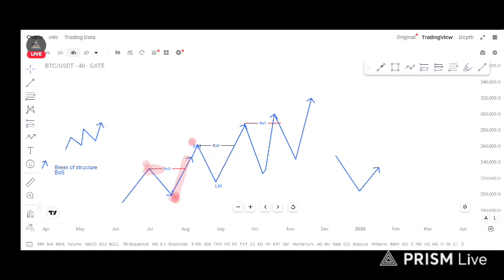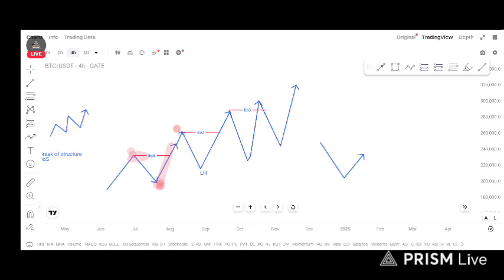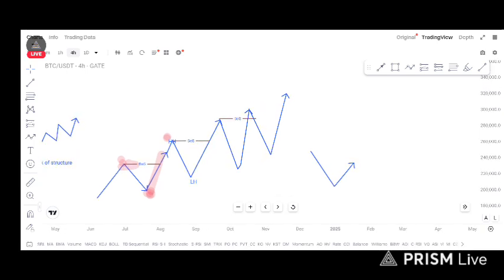Repeat after me: in an uptrend, we want market to be breaking the higher highs, and not the lower lows, and not the lower highs. We don't want market to be breaking the lower highs. We want it to be breaking the higher highs, in an uptrend.